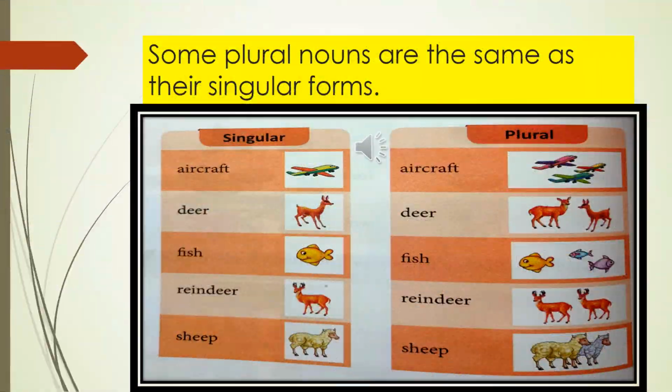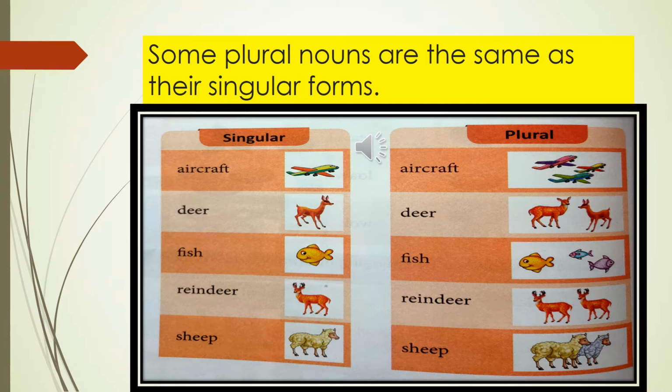Some plural nouns are the same as their singular forms. For example, singular remains same when we change into plural also. It means for a singular object we use the same spelling, and for a plural object also we use the same spelling. For example, aircraft. Aircraft is aircraft whether it is singular or plural.